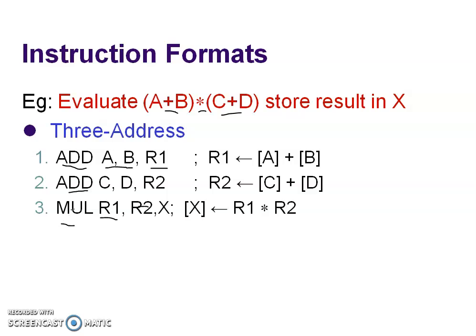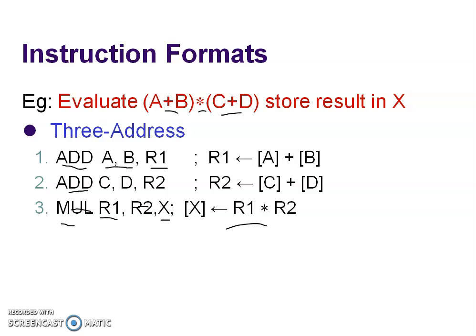For that, the operation code used is MUL, multiply, and the result will be stored in X. So this is the way you will be writing the instruction, and its corresponding register transfer notation is also mentioned on the right hand side.